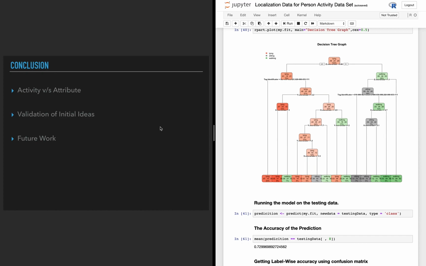This also validated our initial ideas that activities such as lying would have very little change in all 3 coordinates, whereas activities like walking would have no change in their chest Z coordinate, especially while the person is walking on a straight line. To improve the performance of our tree, we can further do a time series analysis of each of these attributes, which is definitely bound to increase the accuracy.